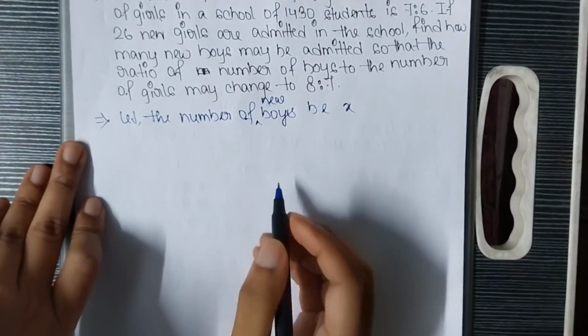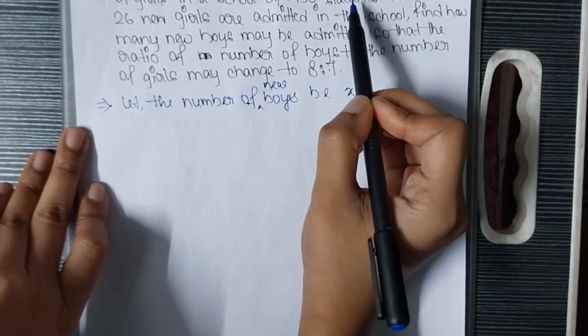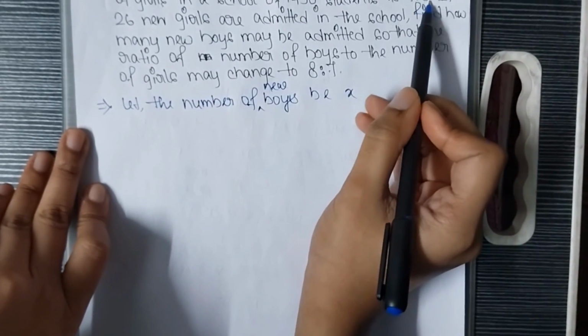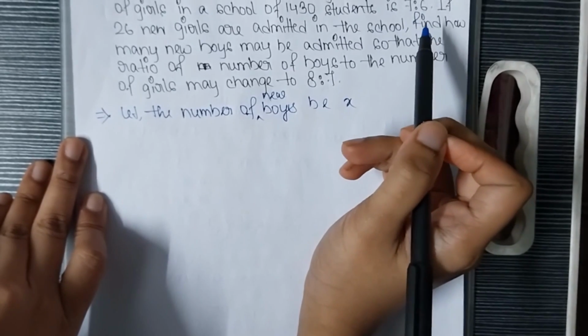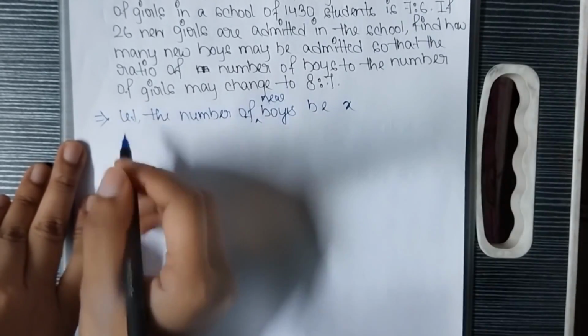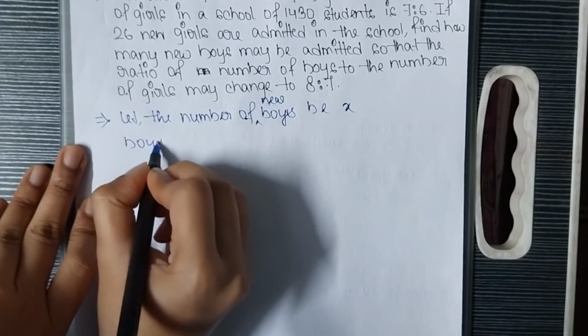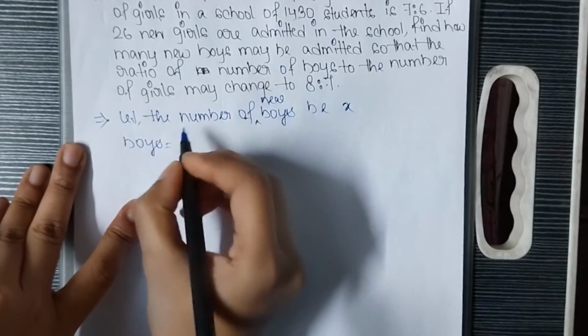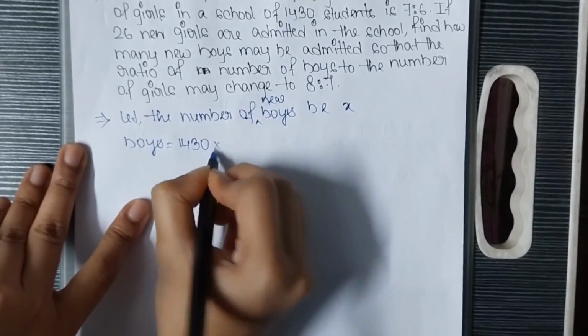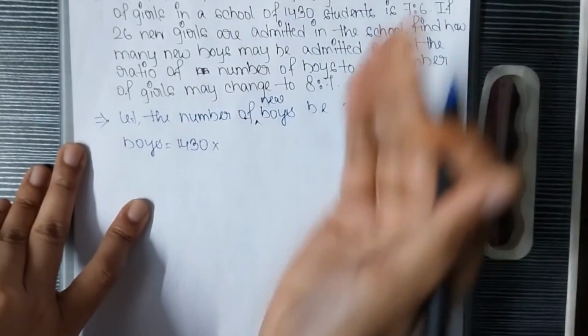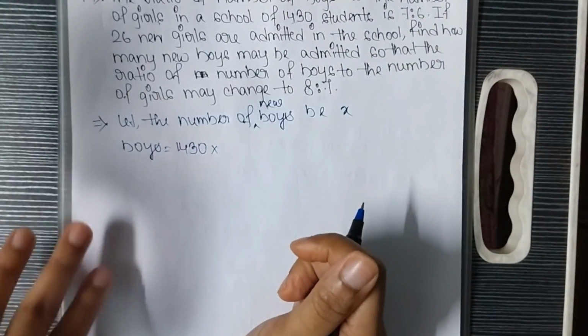So now first we will find how many boys and girls there are in the school. So, total students is 1430 and their ratio is 7:6 before joining the new girls and new boys.